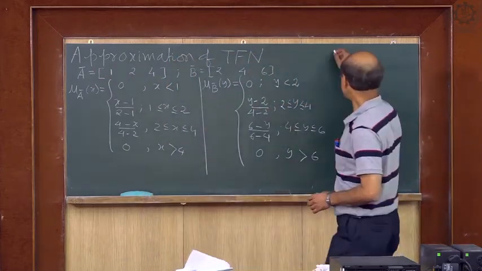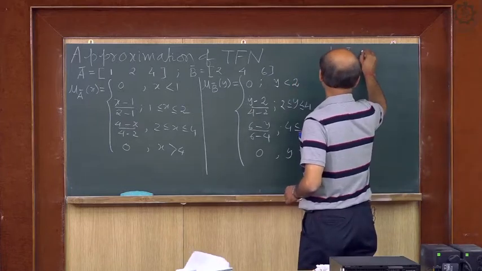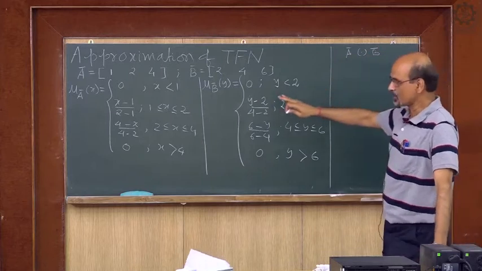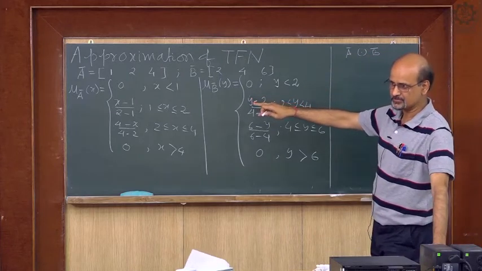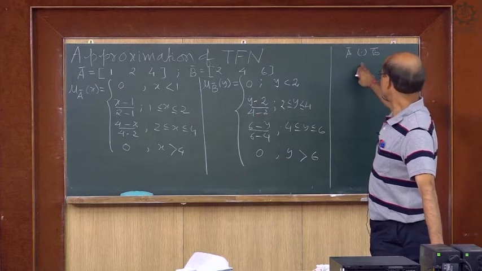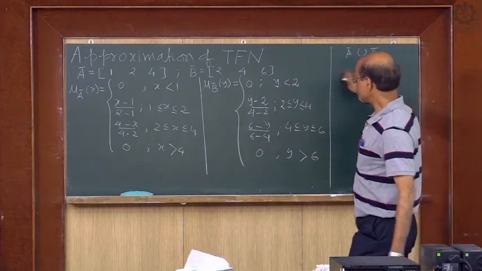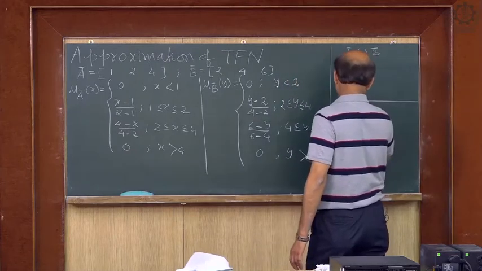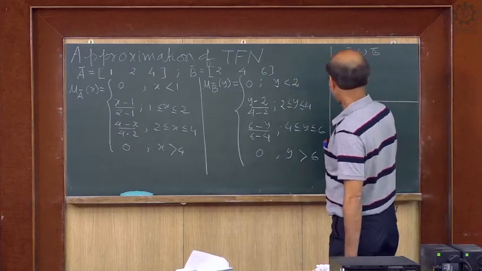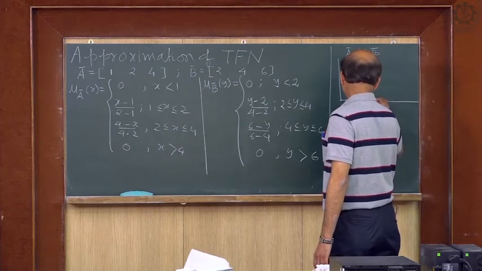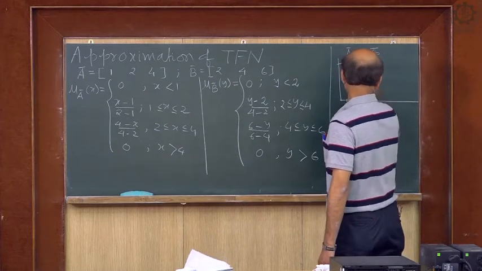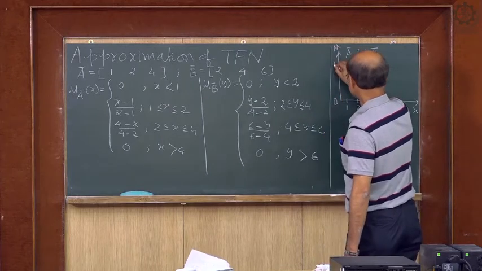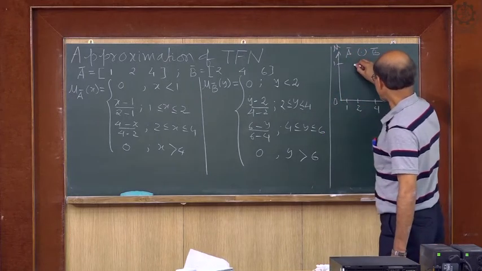Now, if I want to multiply A bar into B bar, as I discussed, you can use these membership values and generate your multiplication. Suppose I plot this: this is 1, 2, 4, this is your x, this is your mu, and at 2 it is 1.